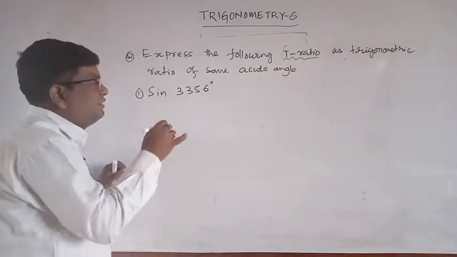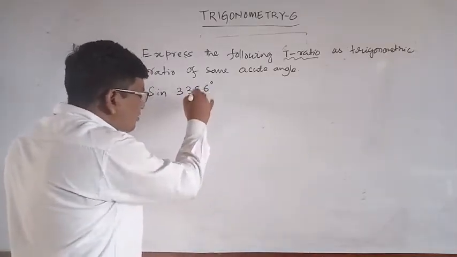Suppose we divide by 90. First method, divide by 90.